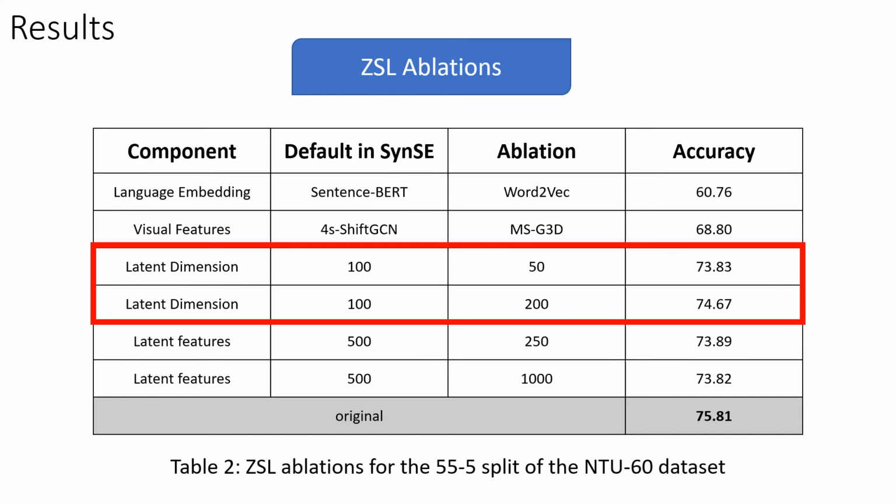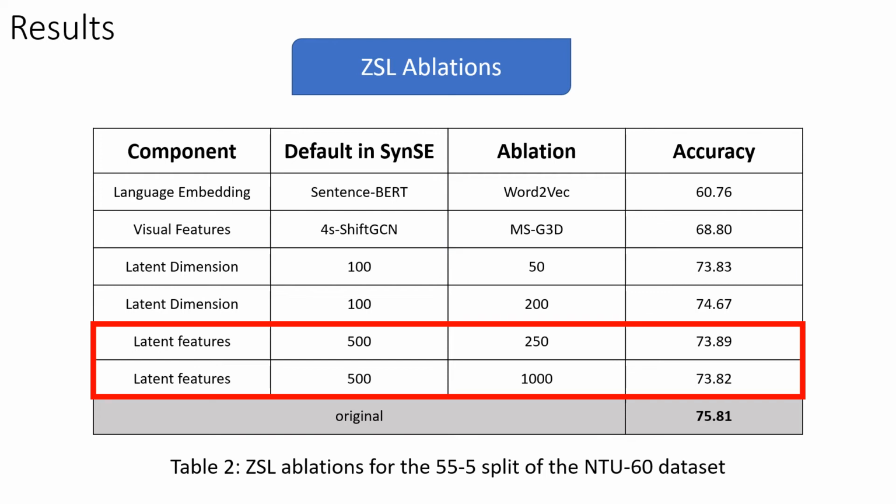The next 2 rows show that both an increase and a decrease in the size of the latent embeddings causes a drop in the accuracy. Finally, the number of latent features used for training the zero-shot learning classifier also slightly affect the accuracy.